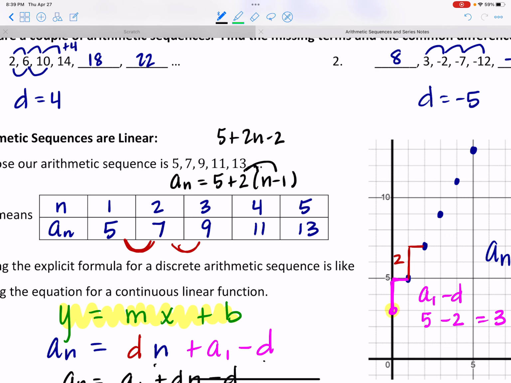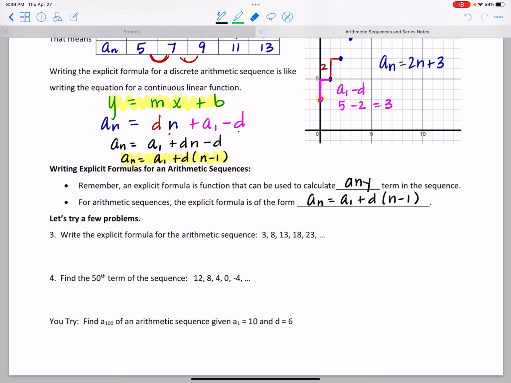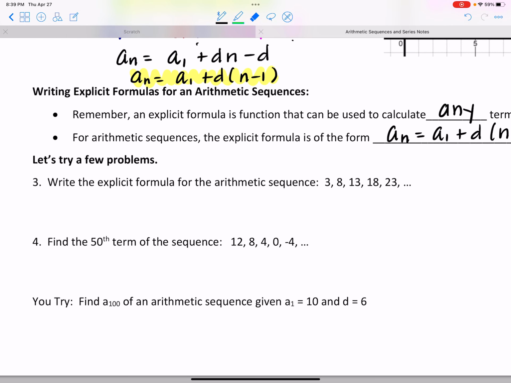And when you combine the 5 and the minus 2, you get that y-intercept that we would have had if we could go there. And we end up at that 2n plus 3, which is exactly what we said for our linear function. Okay, so let's practice with a few more examples, just writing explicit formulas and using the explicit formula to find terms on a list.